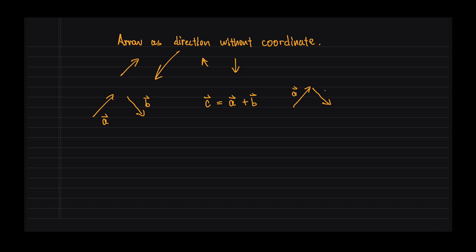This is A and this is B. Then we just connect the tail to the head, and this is C.